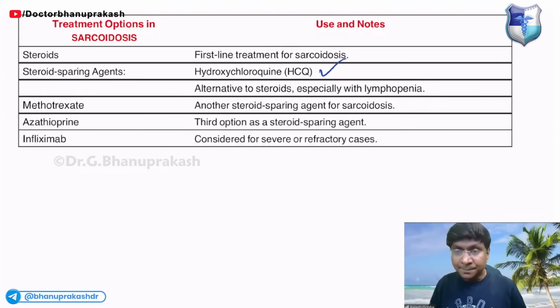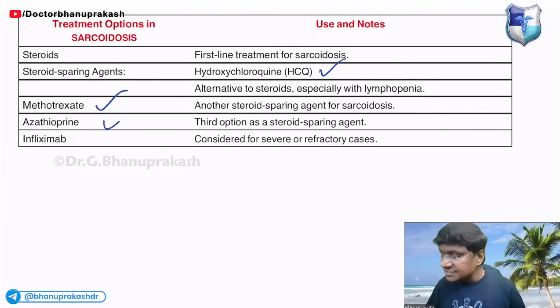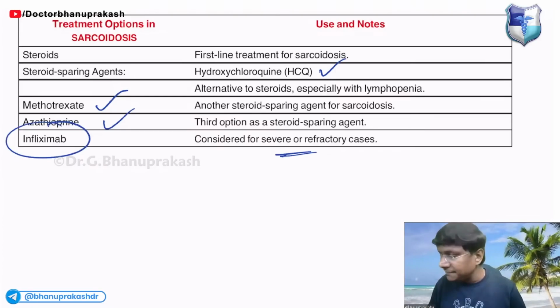When will you give methotrexate? Methotrexate is another steroid sparing agent. And the third steroid sparing agent is azathioprine. When will you give infliximab? You will give infliximab whenever there are severe or refractory cases. So this is about the treatment in sarcoidosis.